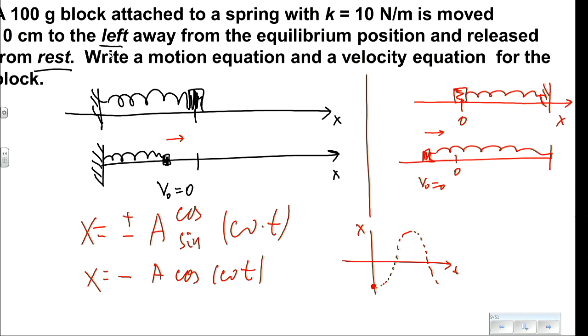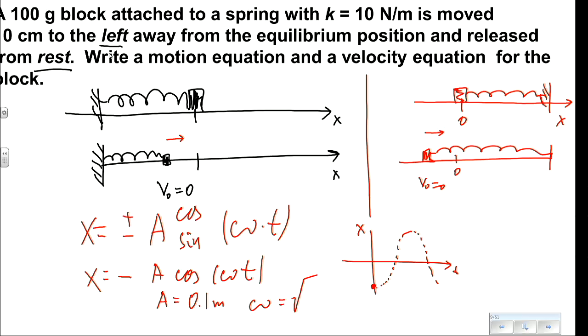And we need to write two numbers. One is for the amplitude, the second is for the angular frequency. For the amplitude, it's 10 centimeters, but we cannot use centimeters, right? So we have to convert centimeters into meters, 0.1. And by definition, the amplitude is the magnitude of the maximum displacement, so it's always positive.